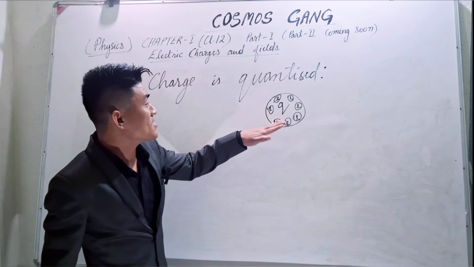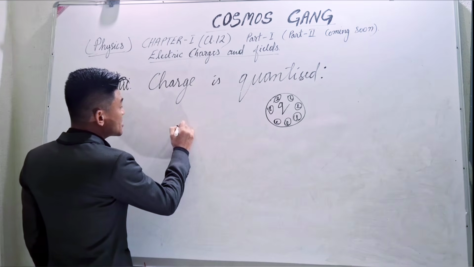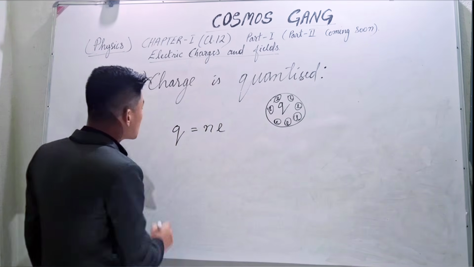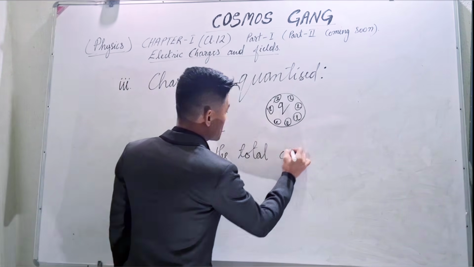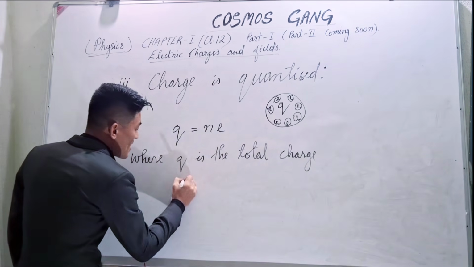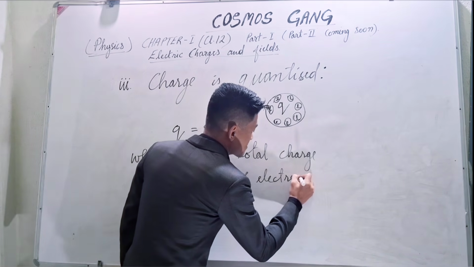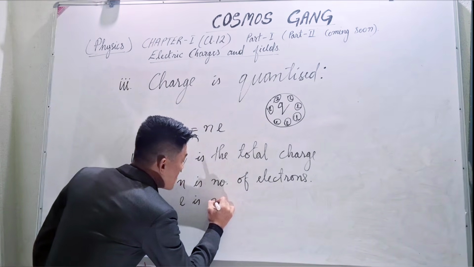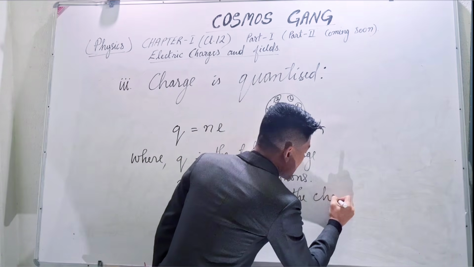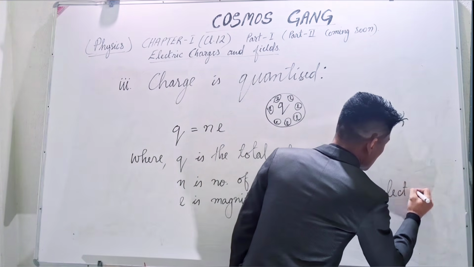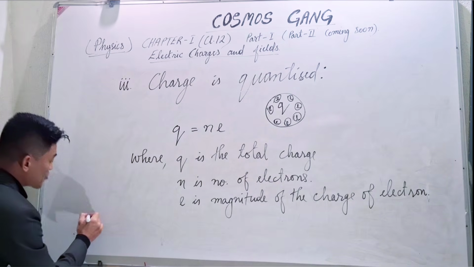In order to find the total number of electrons in here, we can use the formula Q equals N e, where Q is the total charge, N is the number of electrons, and e is the magnitude of the charge of an electron. Now using this formula, try to solve this question.